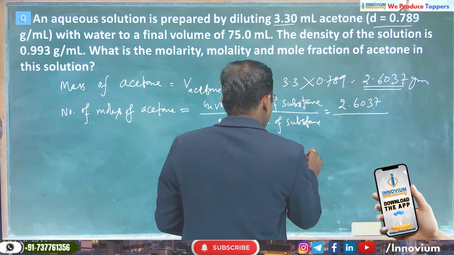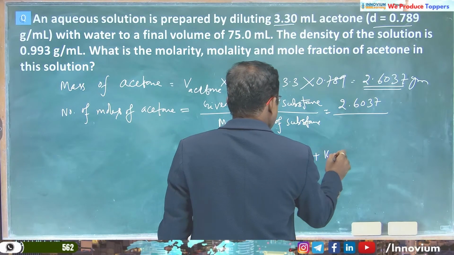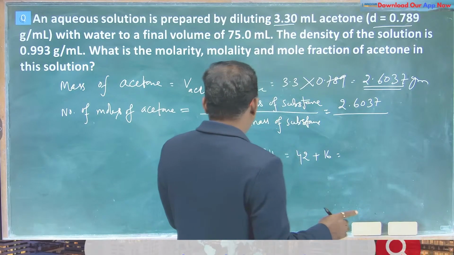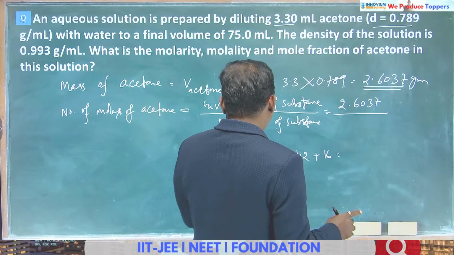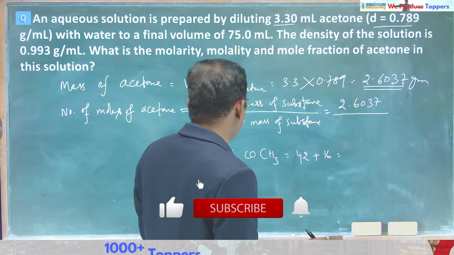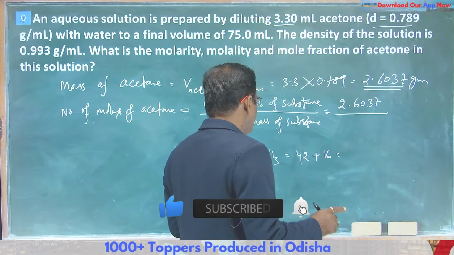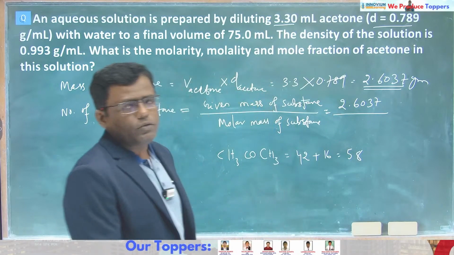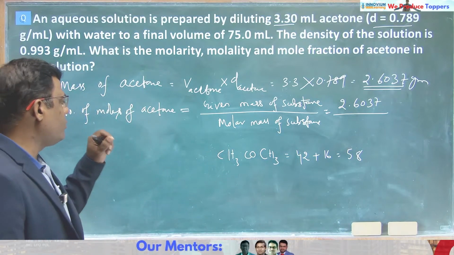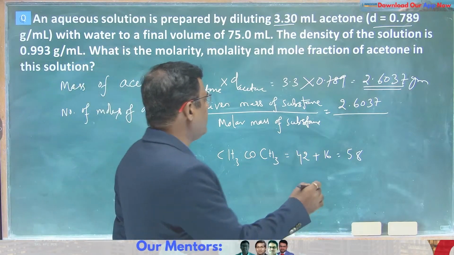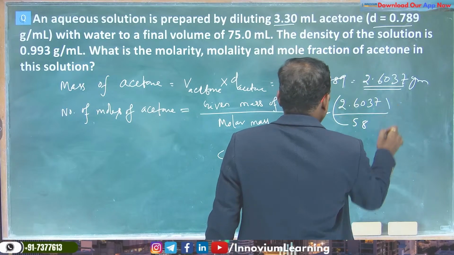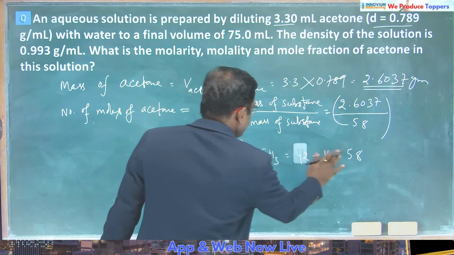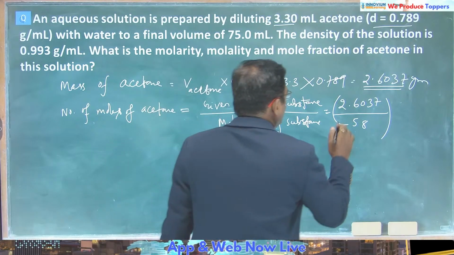So 42 plus 16, how much is it? It is coming 58. So this is your molar mass of acetone. Simply putting that value here, we will get the number of moles. So this much number of moles.